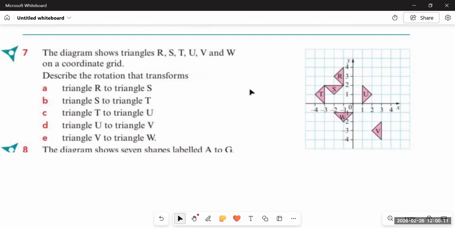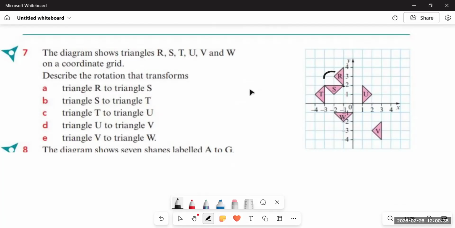The next question says the diagram shows triangles R, S, T, U, V, and W on a coordinate grid. You have to describe the rotation that transforms triangle R to triangle S. So triangle R is here and triangle S, this is the center. And the center is -1, 2.